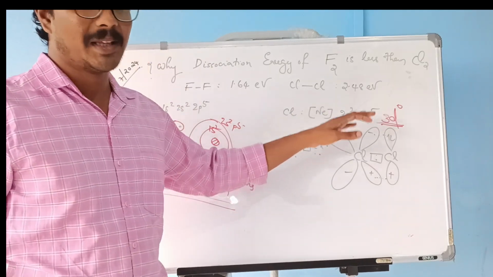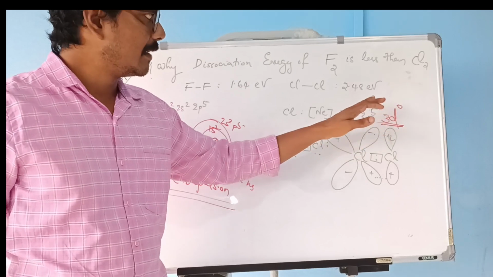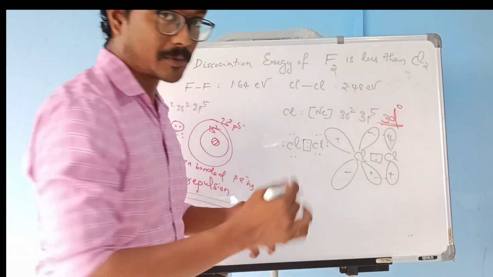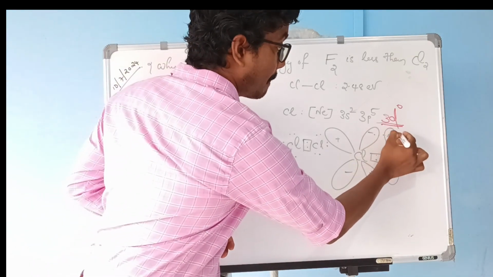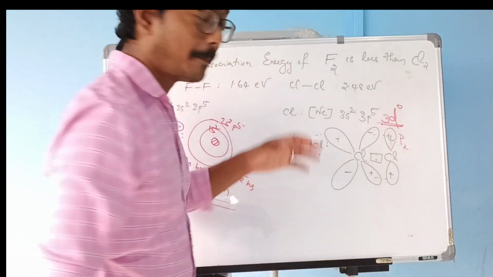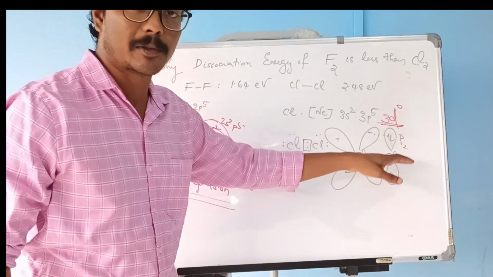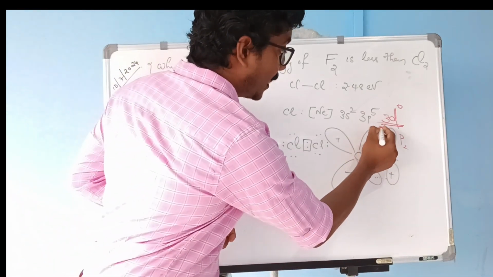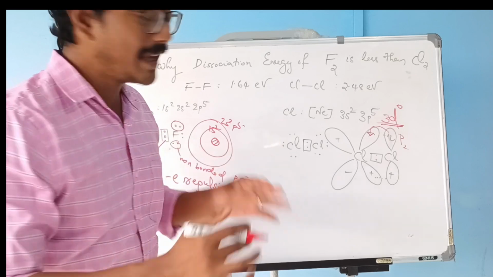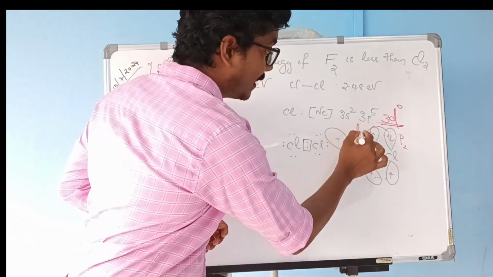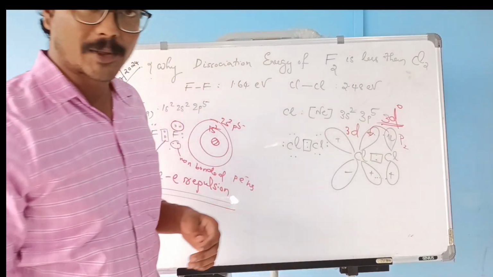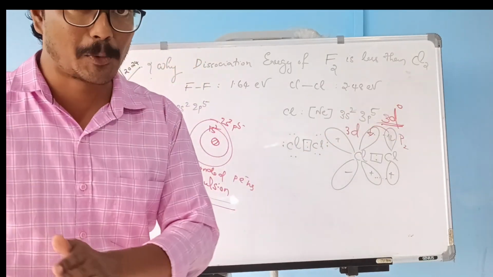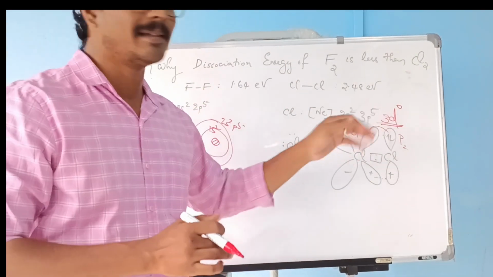There is a vacant d orbital, and there is a lone pair of electrons present in the p subshell. The lone pair of electrons present in the p subshell of one of the chlorine atoms is donated to the vacant 3d sublevel.